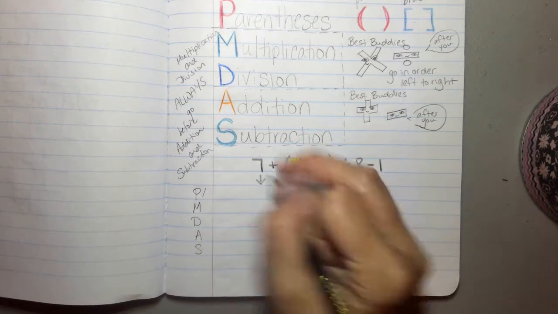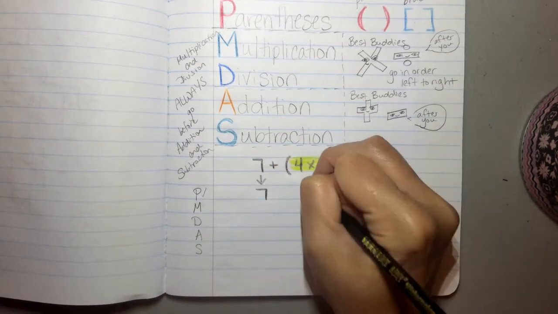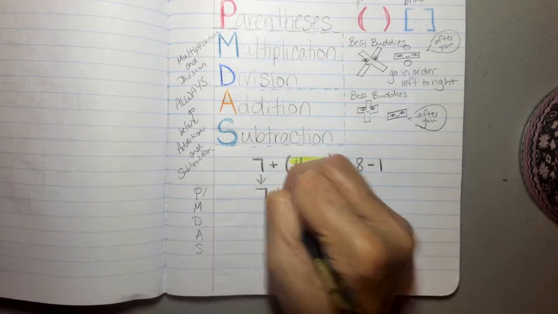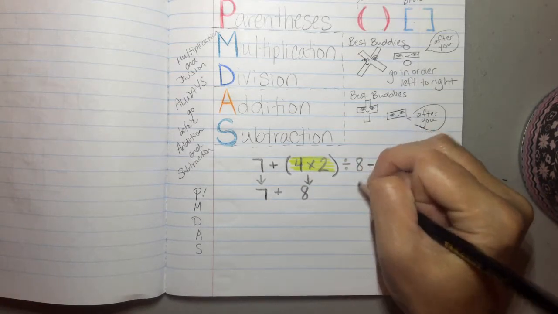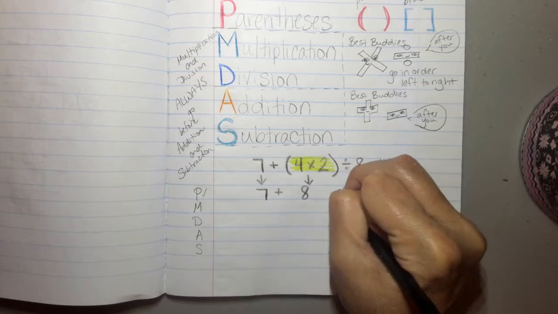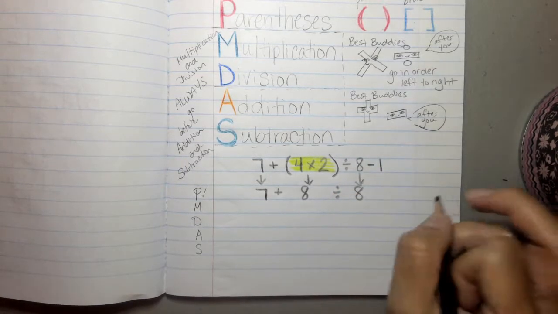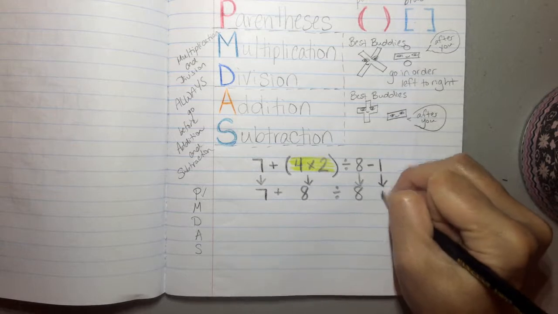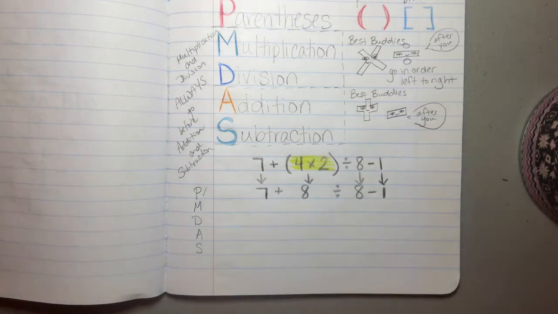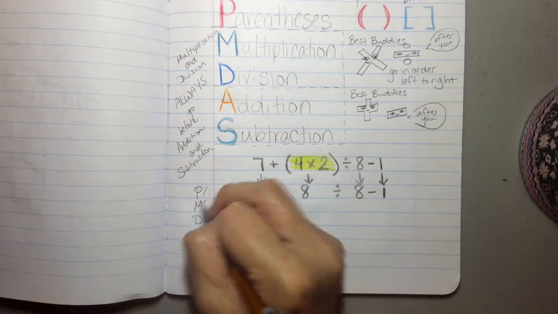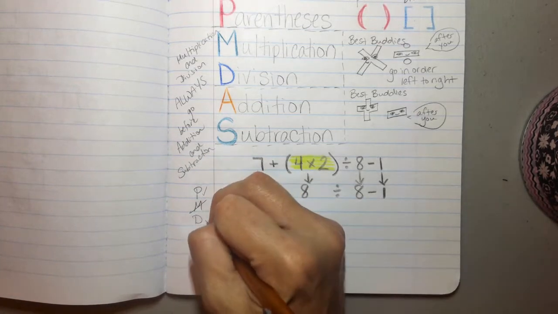So now I'm just going to go down, 7, 4 times 2 becomes 8, and then the divided by 8 stays the same, and the 1 stays the same. Now that I've already dealt with the parentheses, there is no additional multiplication in this one, so now I do division.